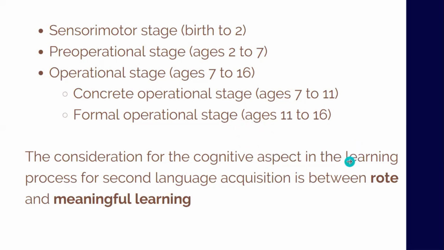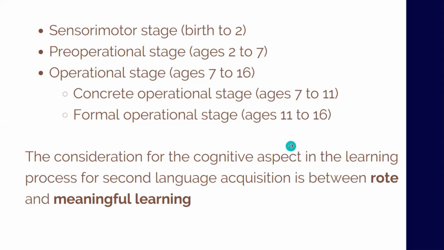The first is the concrete operational stage, between ages 7 to 11, meaning that the children are now able to do a complex task, but they aren't able yet to think about abstract concepts, for example, the concepts of feelings and so on. So they need an image, an illustration, to be able to imagine all the things related to language.